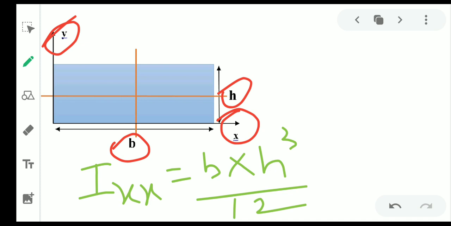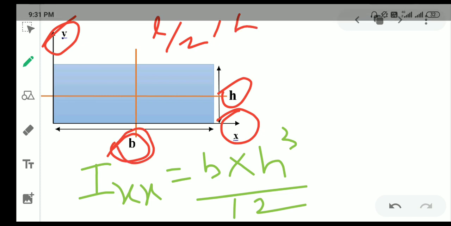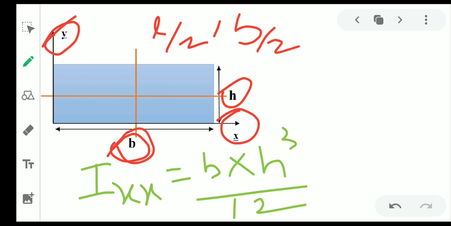The centroid of a rectangular section is basically length by 2. Here it is b, so it becomes b by 2. Similarly in y it is h by 2. Simple. So the centroidal axis will come like this. Here I have drawn the centroidal axis. The moment of inertia is calculated about the centroidal axis of a particular section.